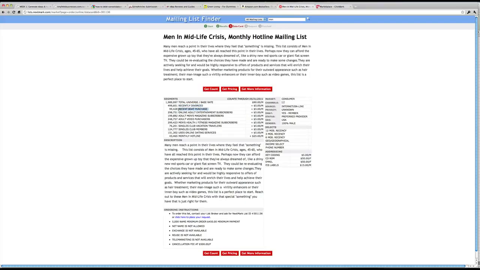Recent boat purchases. Okay. Where's the big online adult entertainment subscribers? All right, well, we know that. Men's magazines, video purchasers, men's health, single club vacation travelers, singles club members. All right. Okay, so that's interesting.